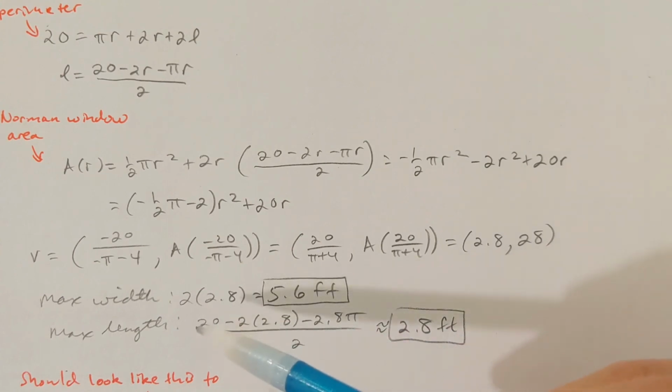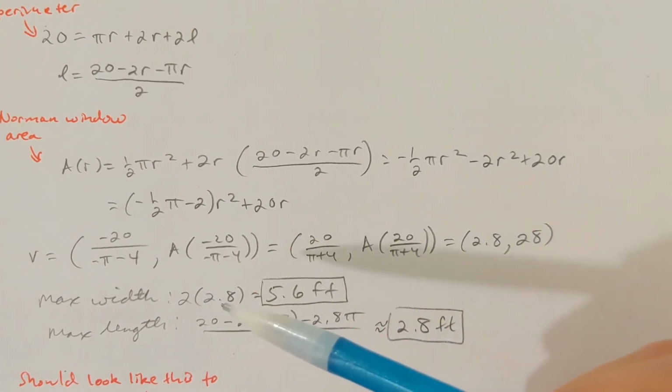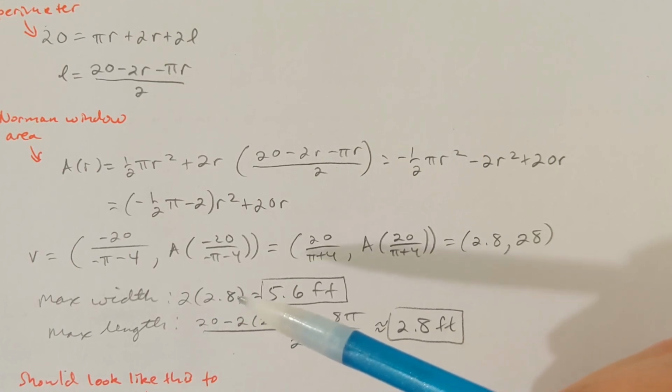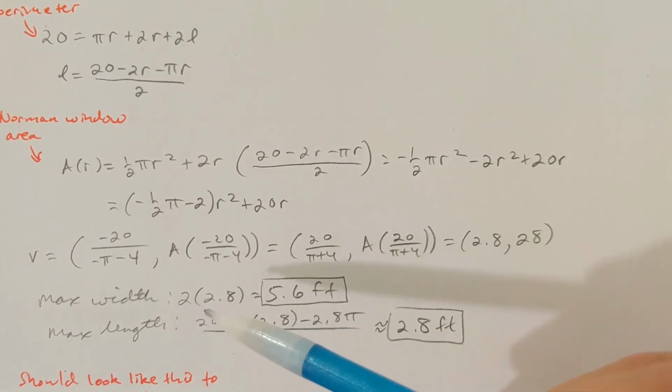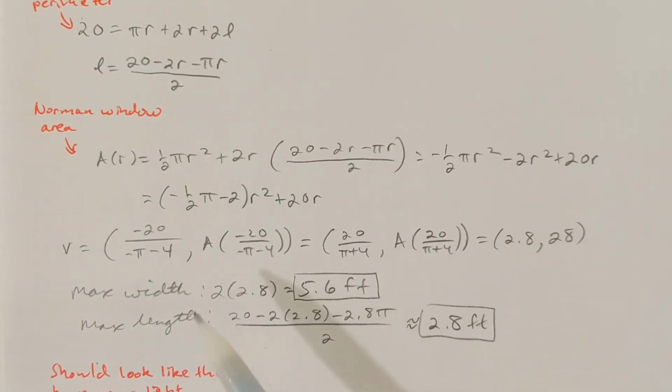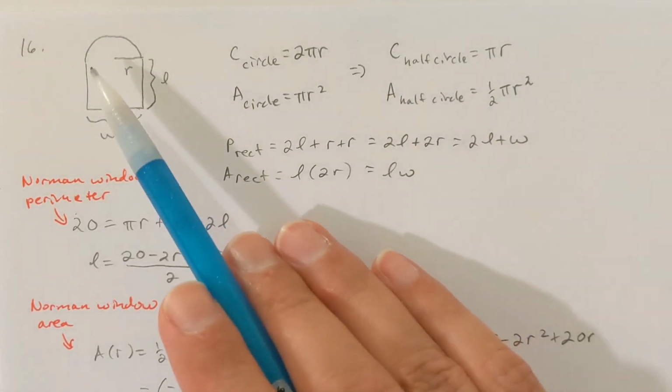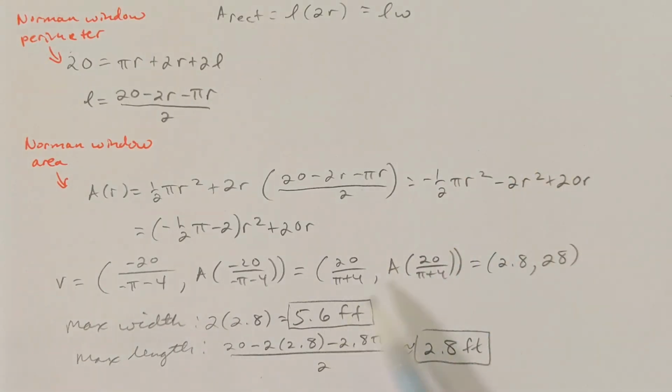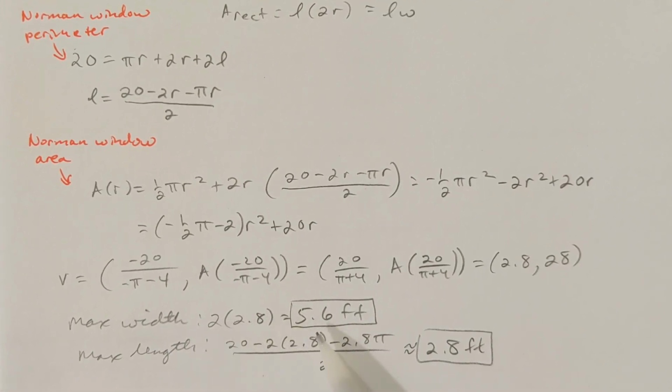Okay, so they're asking for the maximum dimensions of the window. In other words, we need to maximize the width and maximize the length. The width is 2r. R is 2.8 times 2 is 5.6 feet.